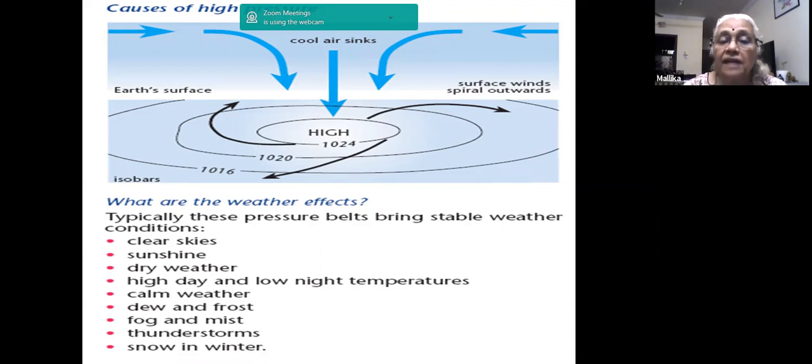So low pressures are created here, and by afternoon, because the surrounding region may have higher pressure, air will move from high pressure to low pressure, and you will have a very big storm. Unfortunately, the surrounding region is completely dry. It's made up of sand and small stones and so on, and all that is lifted up, and that's how you have sandstorms in this region, right?